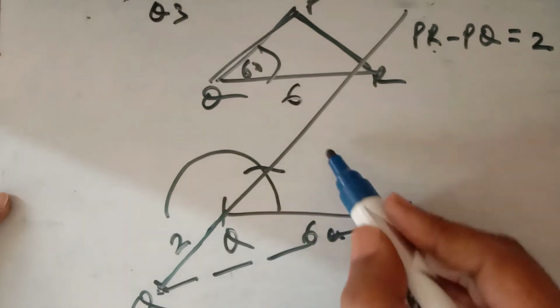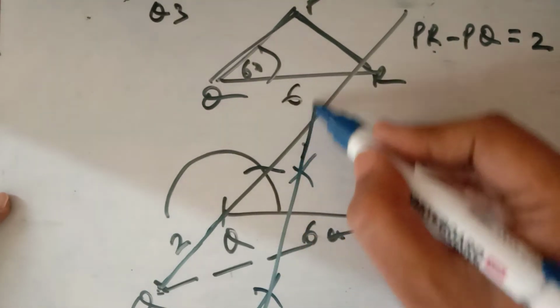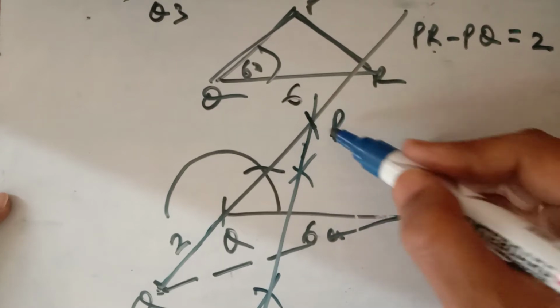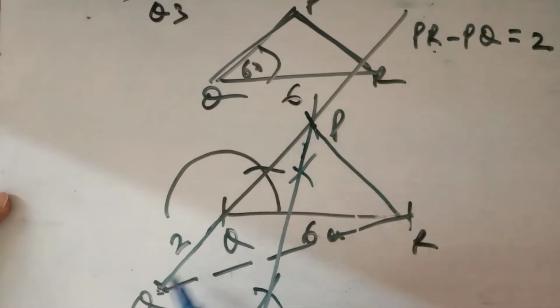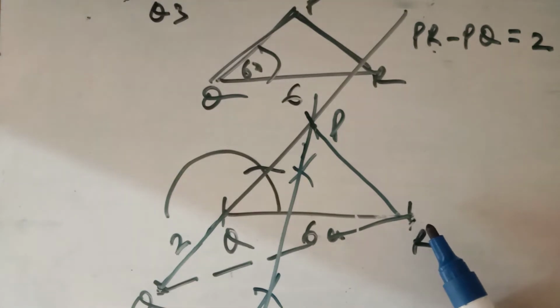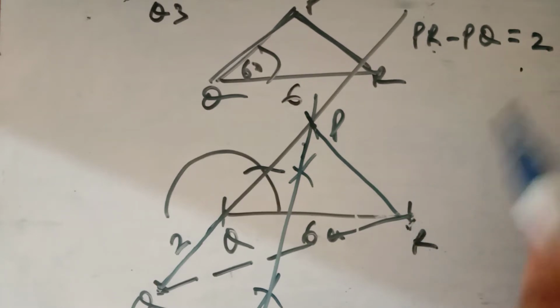If you draw the perpendicular bisector, it will meet somewhere here, which will be P. So PQR will be the triangle whose difference between the two sides will be 2 centimeter.